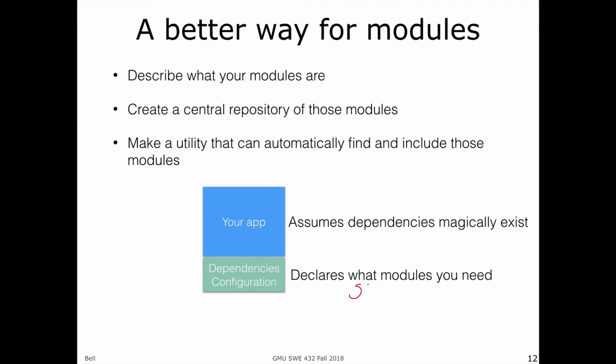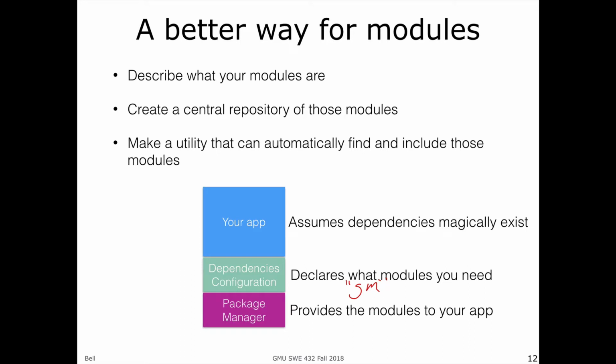So for instance, in this case, maybe this is module GM. And then we have a package manager that's going to provide the modules to our application, find the code somewhere and include it. So this thing might actually know that what I need is this file gm.1.0.1.js. And it knows where to find that thing.